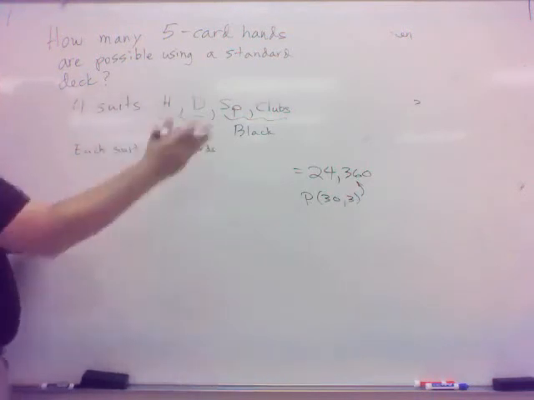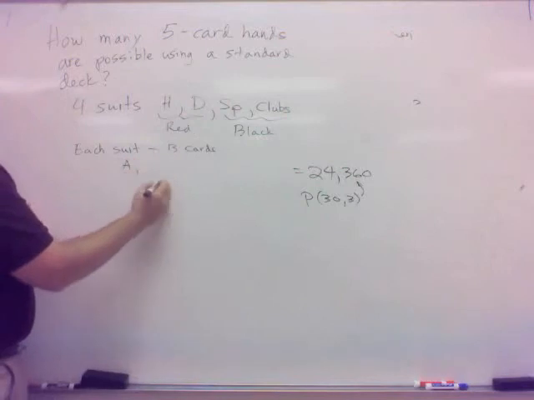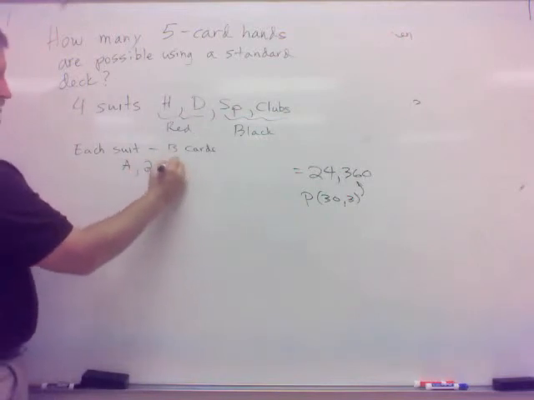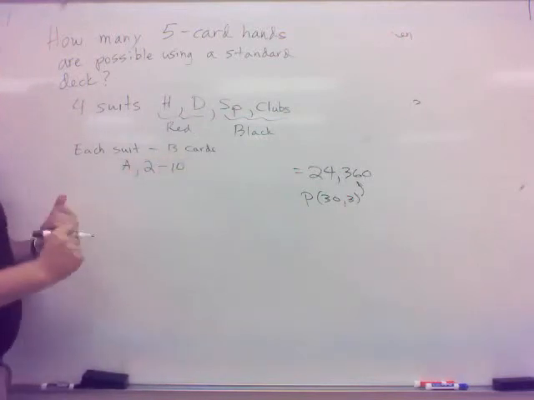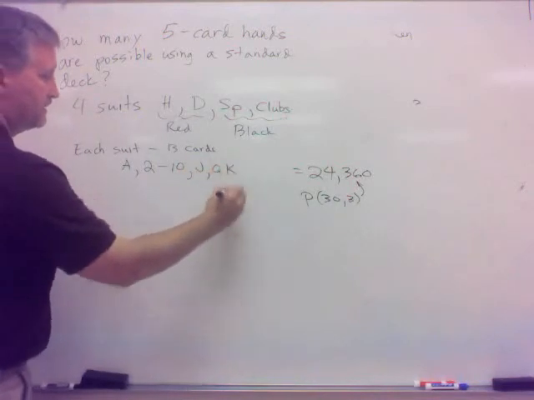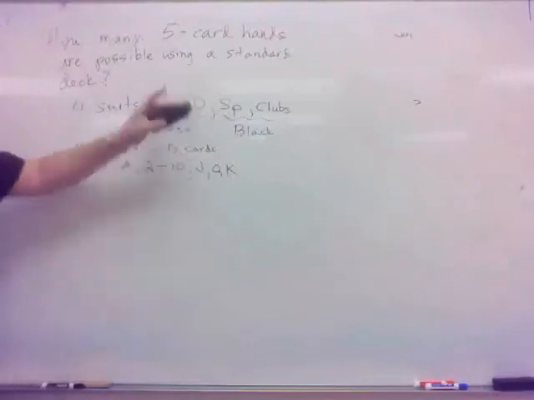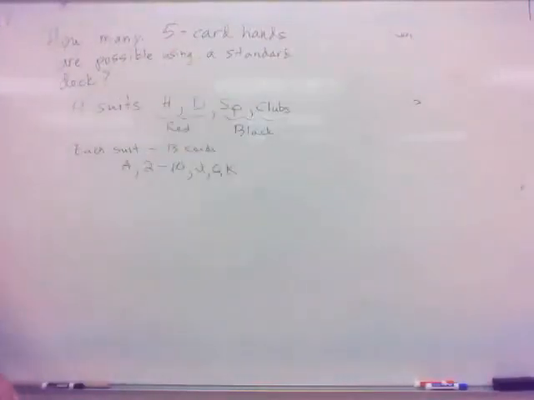So there's 13 hearts, 13 diamonds, 13 spades, 13 clubs. There's an ace, and then there's a 2 through 10: 2, 3, 4, 5, 6, 7, 8, 9, 10. And then there's a jack, queen, and king of each suit. So there's a jack of hearts, jack of diamonds, jack of spades, jack of clubs. Each one of these cards is in each of those suits.